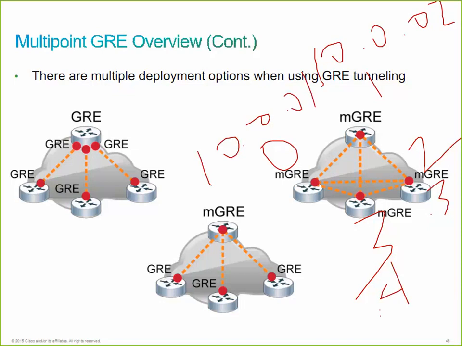So I would create a map using the IP NHRP map command that would map the tunnel interface of that router. So in the case of router 1, this is the physical address, and then I'd have an IP address of 11.0.0.2.